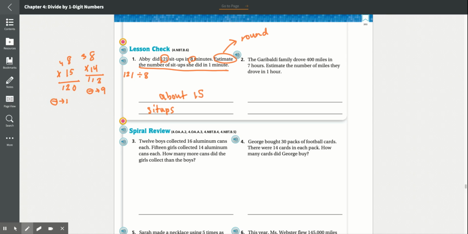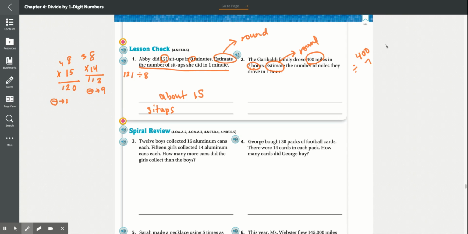Number 2. The Garibaldi family drove 400 miles in 7 hours. Estimate the number of miles they drove in 1 hour. So the word estimate, we know that estimate means to round. So the total number of miles they drove is 400, and they drove it for 7 hours. So it's divided by 7.